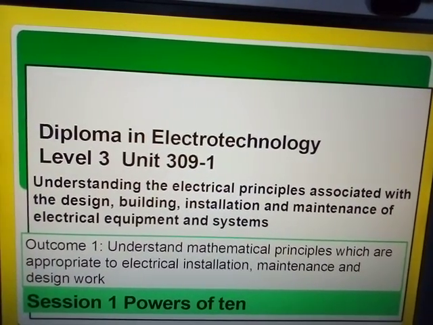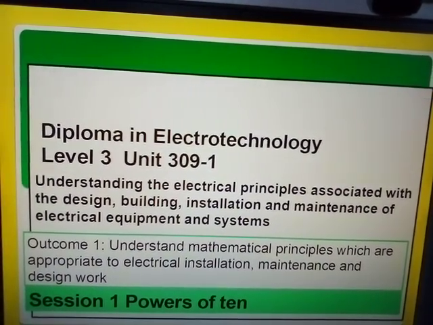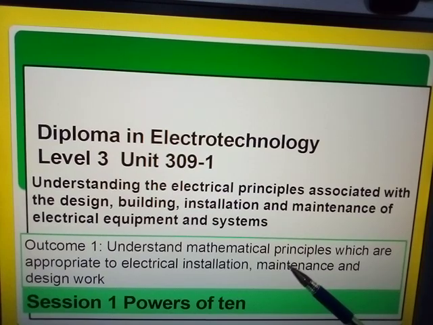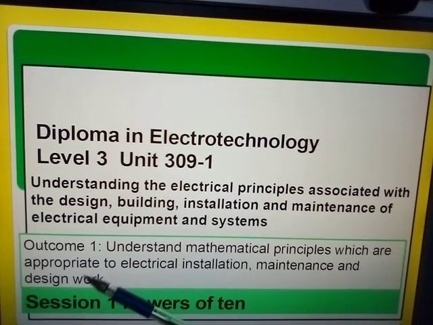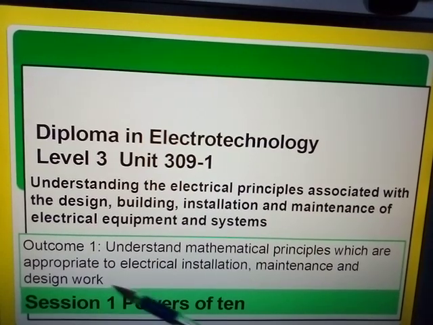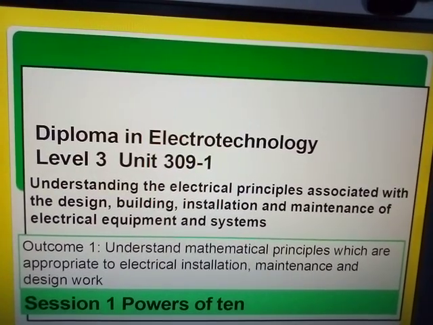Okay, welcome back. What I want to look at is powers of tens, and this is understanding mathematical principles which are appropriate to electrical installation, maintenance, and design work.